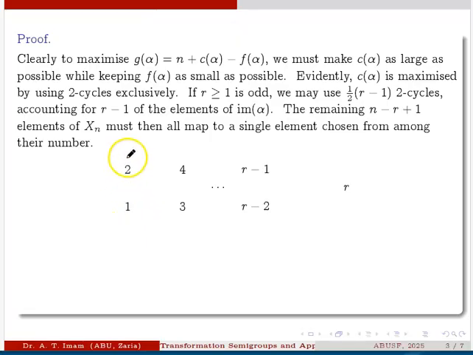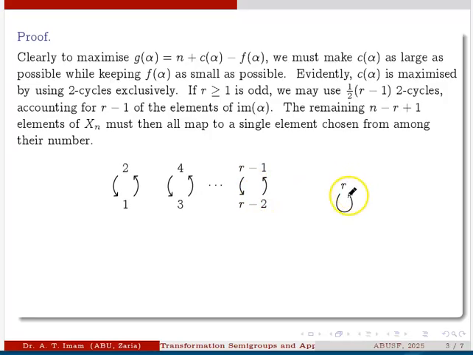So let's say you identify 1, 2, 3, 4, 5, 6 up to r elements, which you want to form the image. The way to do it, if you want a maximum number of cyclic orbits, is to pair the elements two by two in the image set. So you would say 1 is mapped to 2 and 2 is mapped to 1, and then you pair the elements to form 2-cycles. The last point, since r is odd, cannot pair with any point, so you have to fix it.